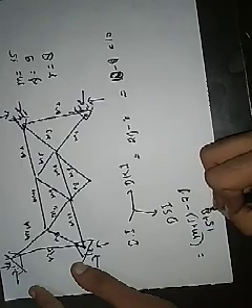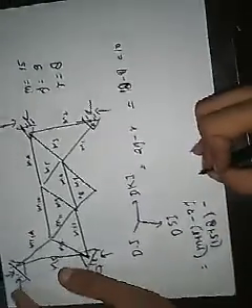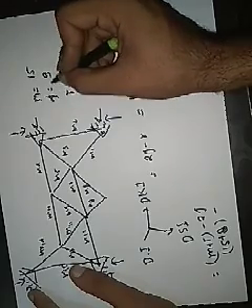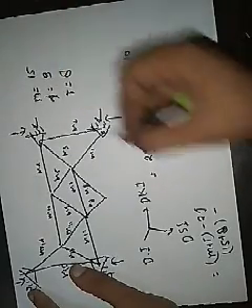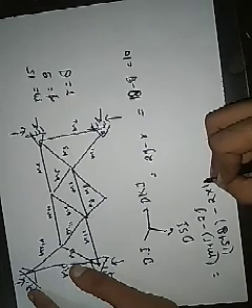There are total unknowns minus twice of j, which means twice of 9, which is 18.